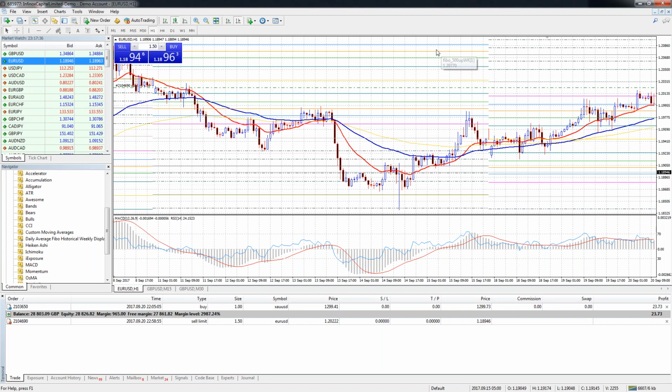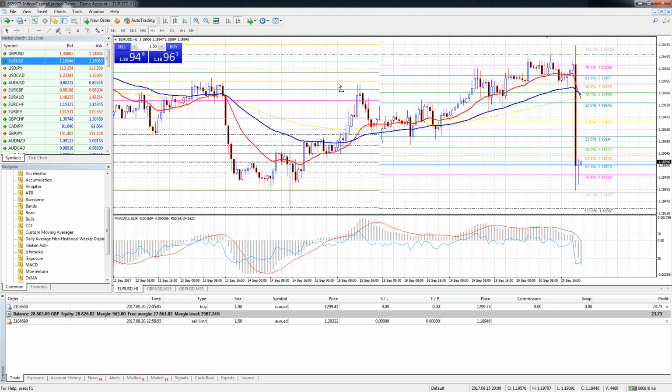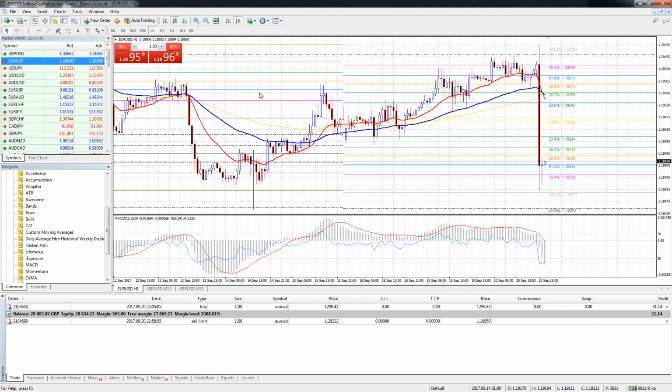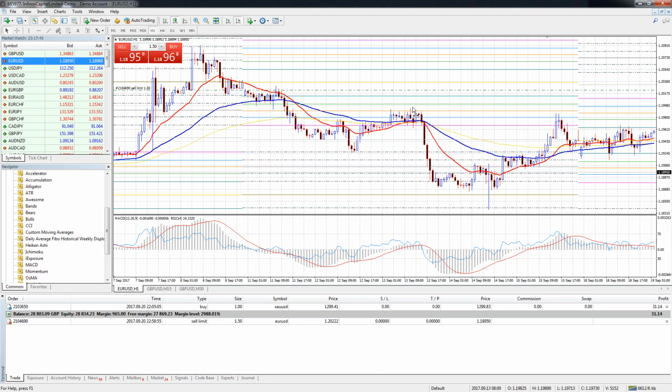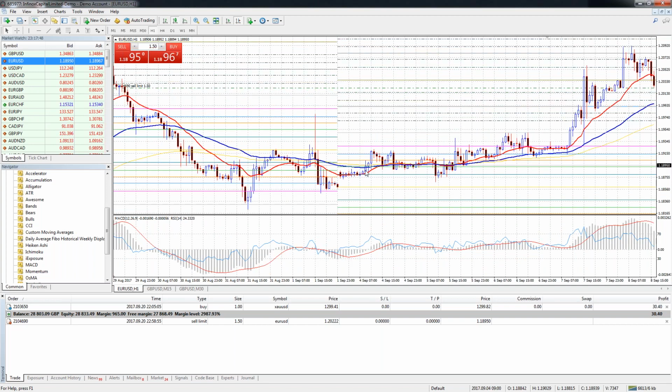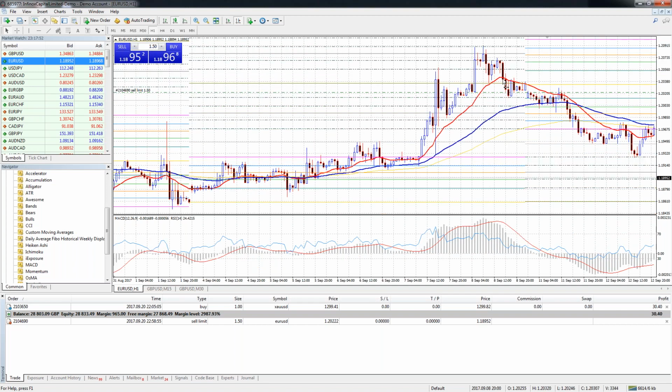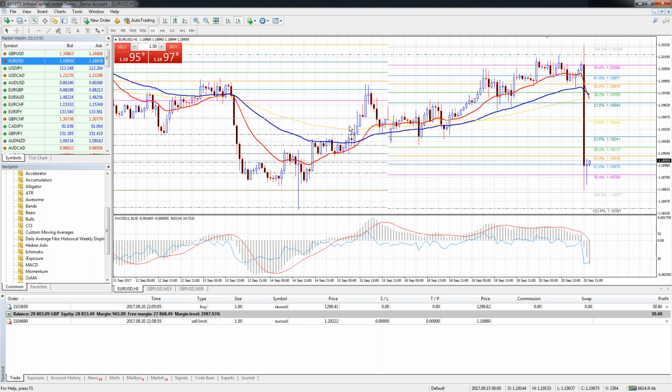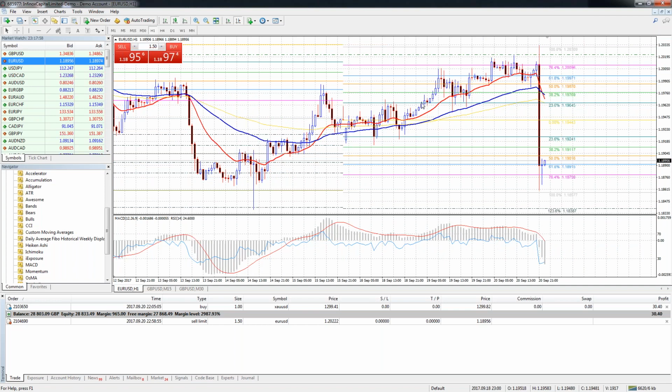Okay, there's one here. Up to the present time, again, 1.20. Look at the work the market did in getting up to this level. Up to 1.20, sold off, bottomed out around 1.18, back up to 1.20. Now that red line is roughly 1.20.